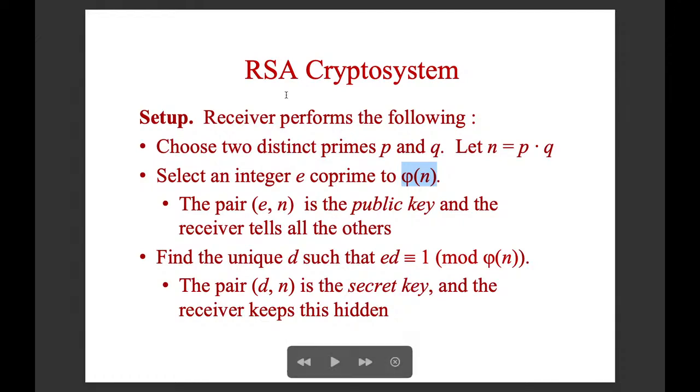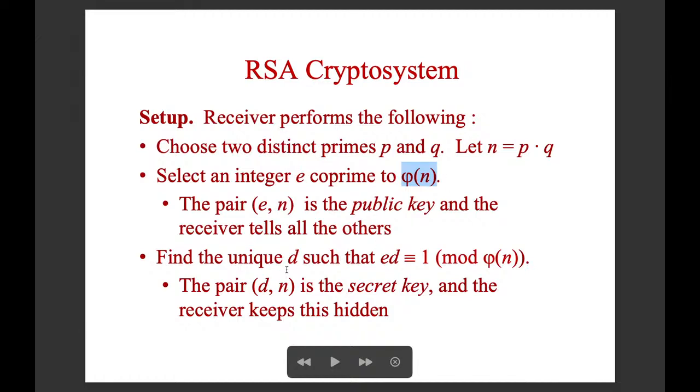And then the receiver who is designing this n and e can find a unique d such that ed is equivalent to 1 modulo phi of n. Assume that this d is between 1 and phi of n. The reason is that e and phi of n are coprime, so their greatest common divisor is equal to 1, which means there is an inverse that can multiply with e to be equal to 1.